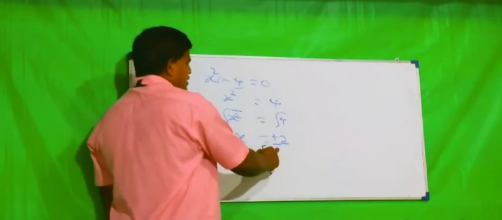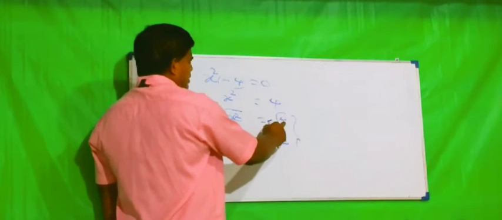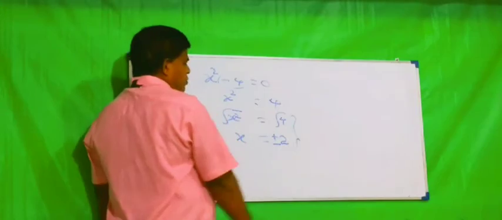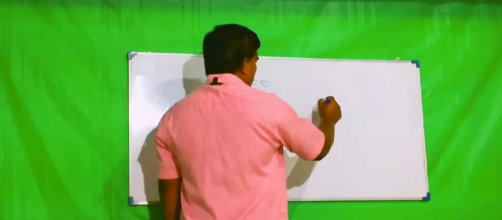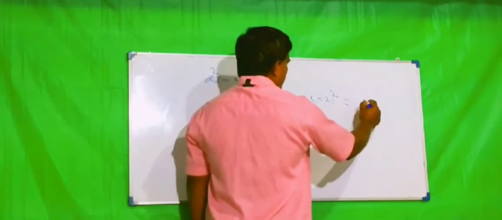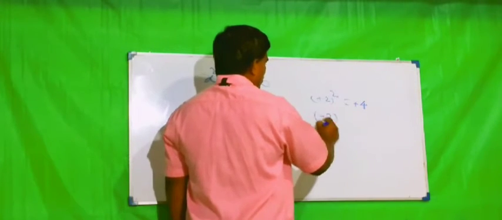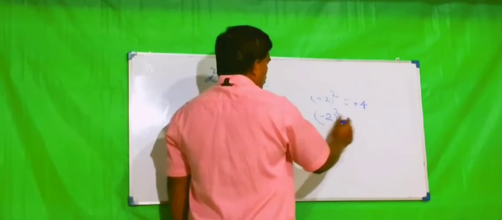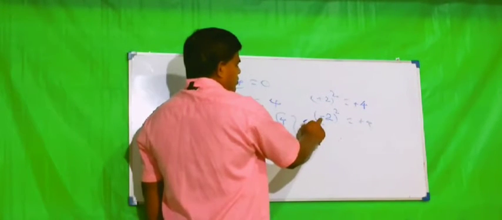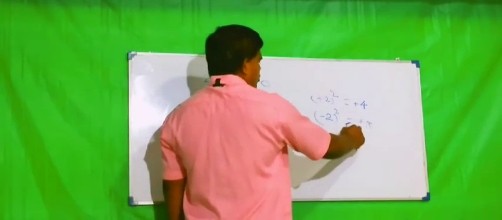Let us describe this further: why the square root of 4 is plus or minus 2. If we take the square of plus 2, we know it is plus 4. And then if we take the square of minus 2, it is also plus 4, because a minus is multiplied twice here, so it becomes positive.